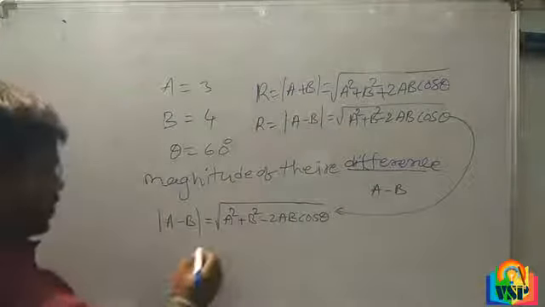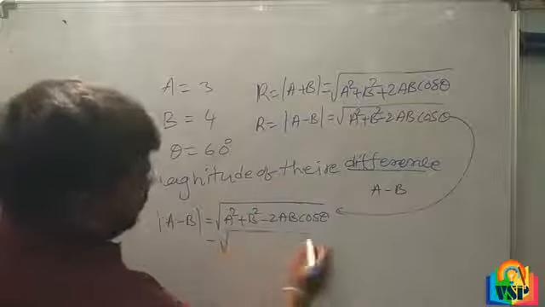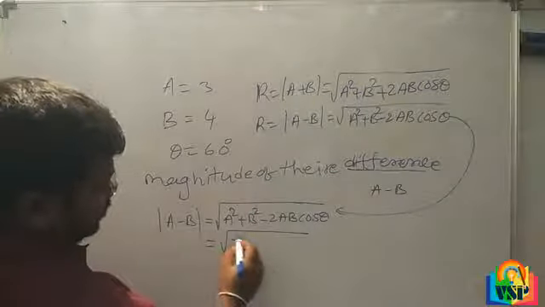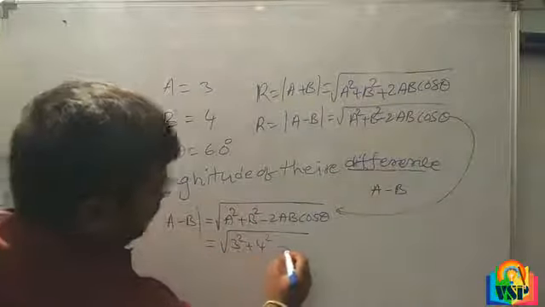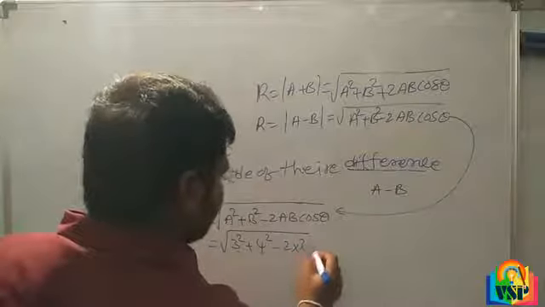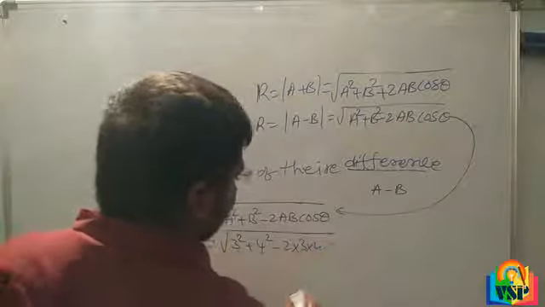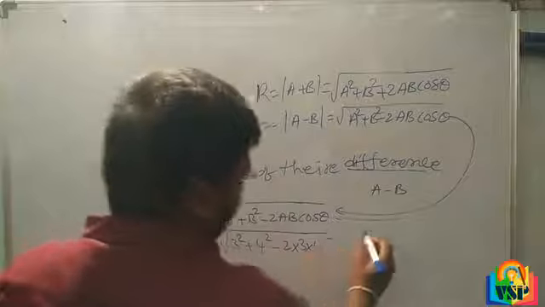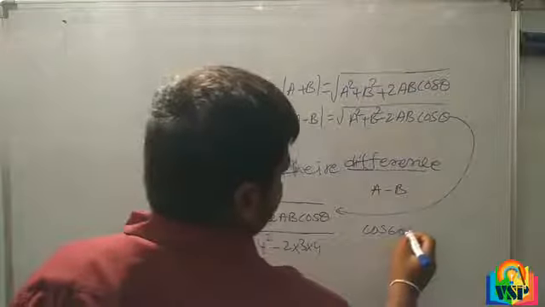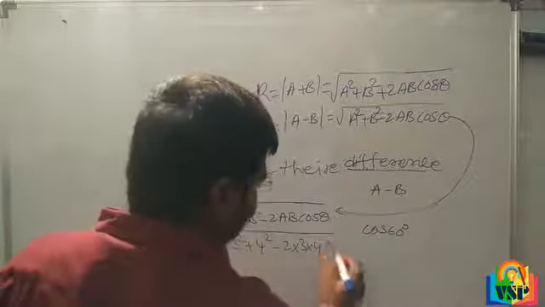So their difference is equal to root of 3 square plus 4 square minus 2 into 3 into 4 into cos 60 degrees, which is 1 by 2.